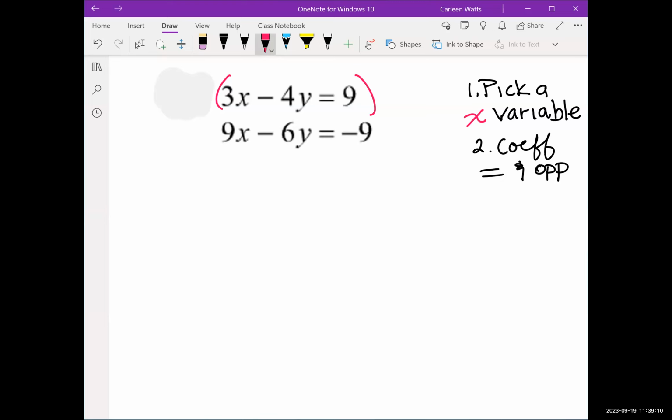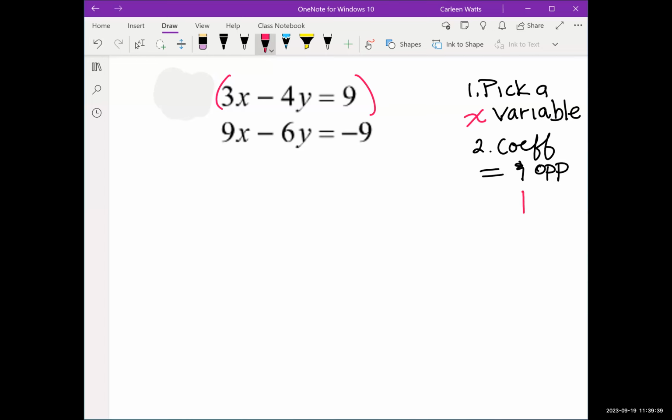Basically, I'm getting the least common multiple. So I'm going to multiply everything in the top equation by, anyone have a guess? To make it match and cancel the 9x. Anyone want to throw out a number?